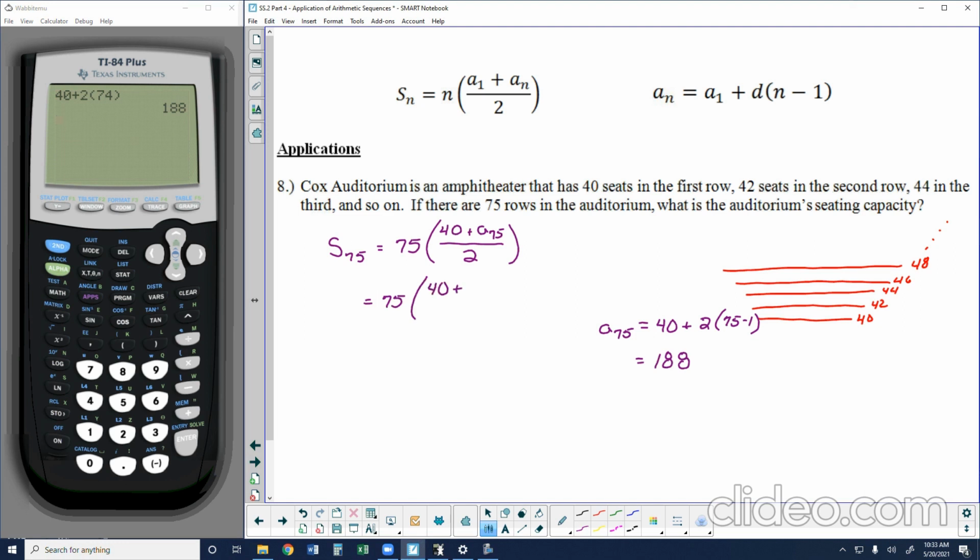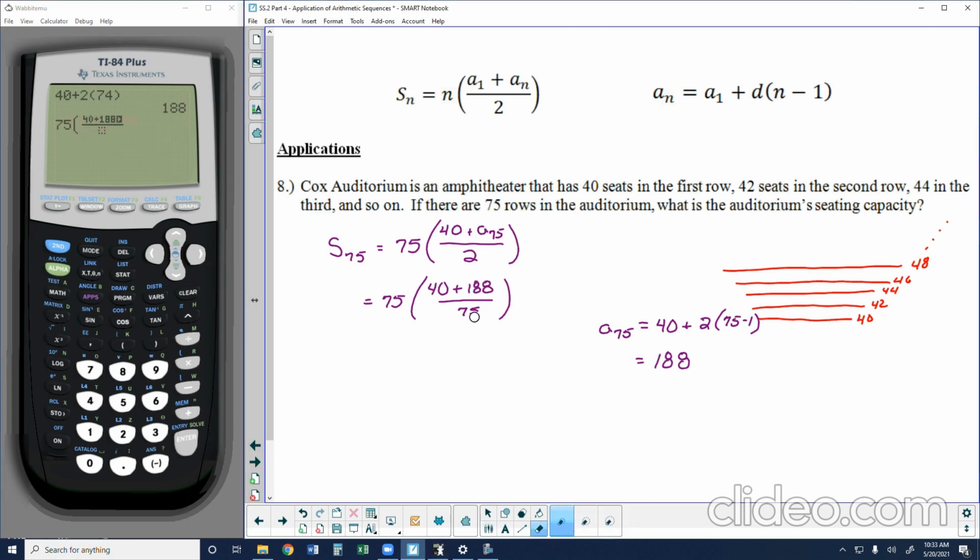So if we want to find the seating capacity of the entire amphitheater, we can do the partial sum for rows 1 through 75 by evaluating this expression. So this would be 75 times, let's go ahead and type all of this into the calculator, 40 plus 188 over 2.